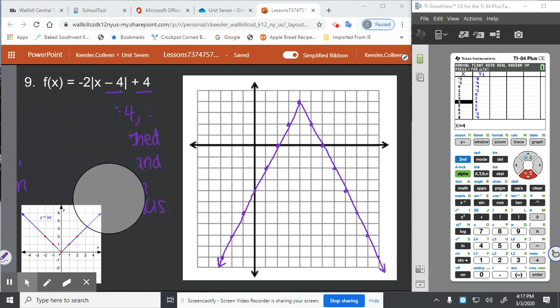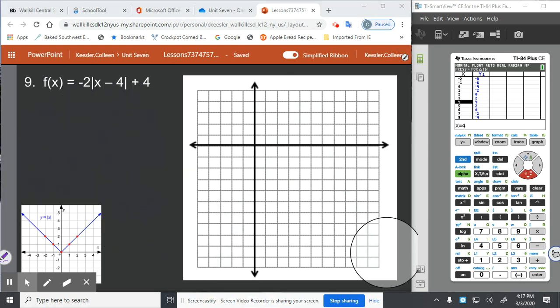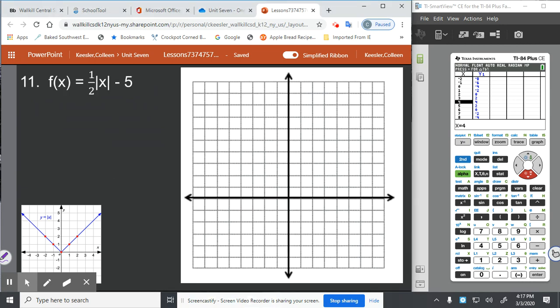All right, so continuing. Number 11, we have 1/2 of the absolute value of x, all minus 5. So we can clear what's in here. We put in 1/2, then parentheses, absolute value, which is math, number, choice 1.